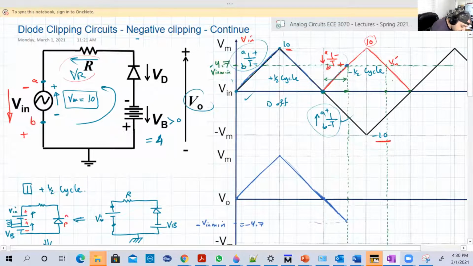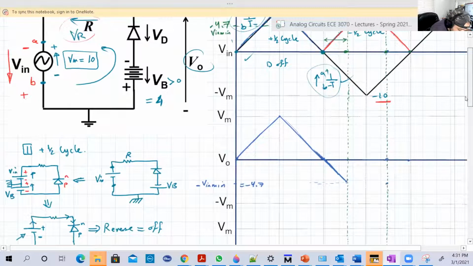And again, do the same in that region, from here to here. Again, whatever you have here, you will have its negative here, until you reach 0. 0 minus 0 is just 0.